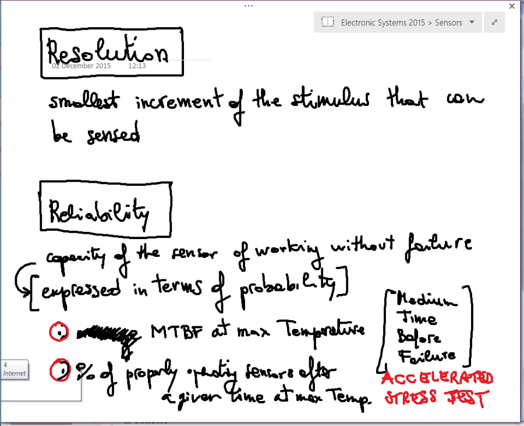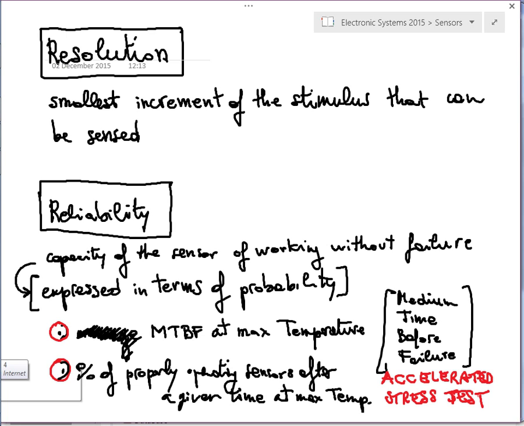So the typical situation is, for example, that one puts the device in operation in conditions of high stress, for example, at a much higher temperature with respect to the one that is typically used, so that the stress is accelerated, and for example the failure occurs after a few hours instead of a few thousand hours.